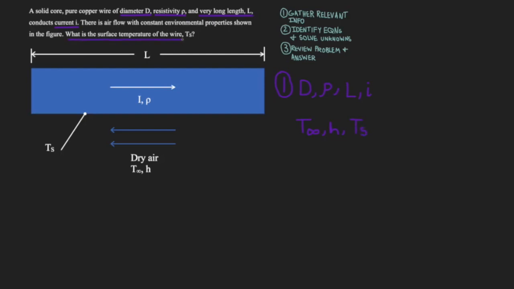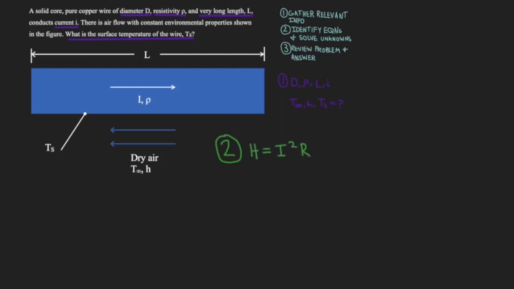Our convection terms are T infinity, h, which is our convection coefficient, and T sub S is the temperature at the surface of the wire. So this is pretty much all the information that's given, and we can use this to identify the equations and solve our unknowns.